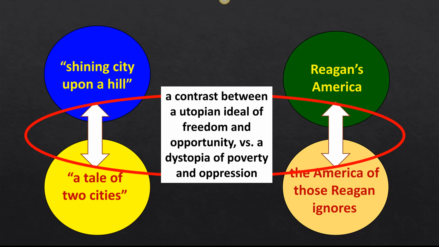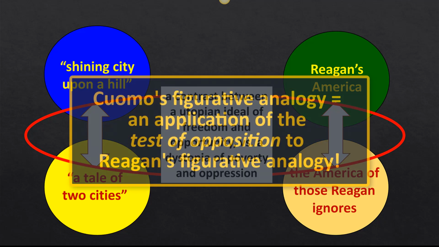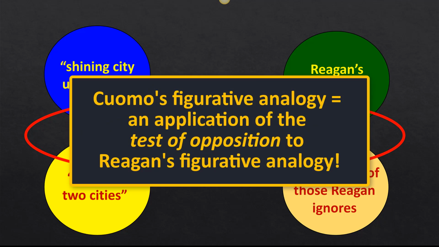So this analogy between the city upon a hill and a tale of two cities, as a way to talk about the relationship between Reagan's America and the other America that hasn't been positively impacted by Reagan's contributions, is an analogic argument that applies the test of opposition to Reagan's original analogy.